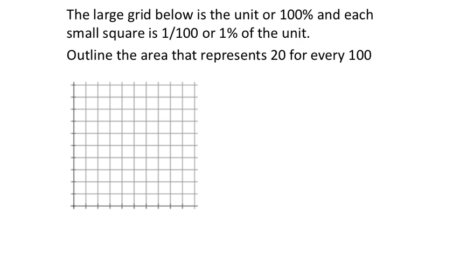Okay, so this one, it's the same unit square grid. But it wants us to outline the area that represents 20 for every 100. Well, the 100 is the whole square. So, of course, we're just dealing with the 20 out of the 100 squares, okay?